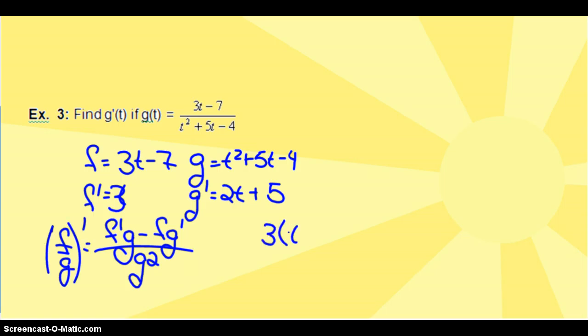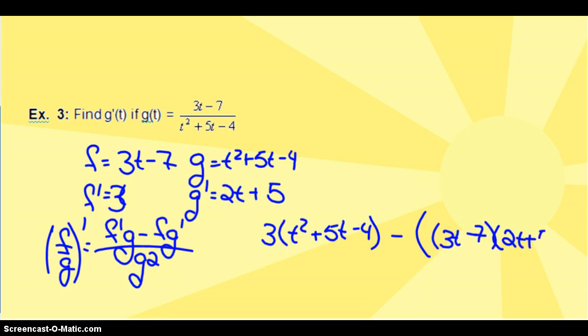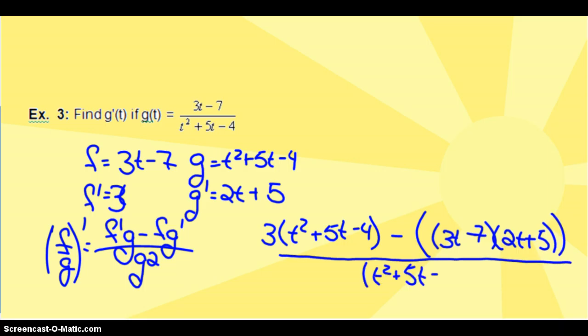3 times (t squared plus 5t minus 4) minus, opening the big parentheses, (3t minus 7) times (2t plus 5), all over (t squared plus 5t minus 4) quantity squared.